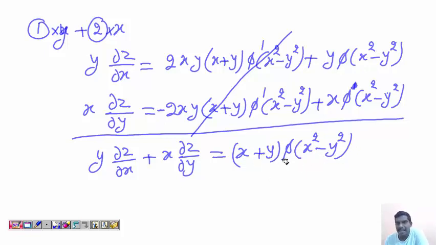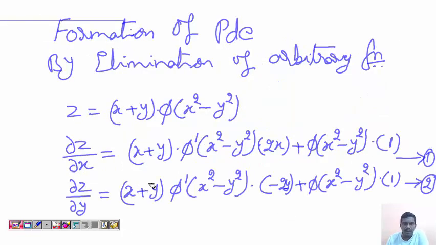But you know that x plus y into phi of x square minus y square can be written as z.